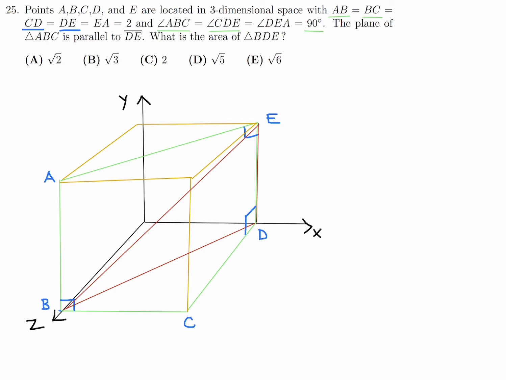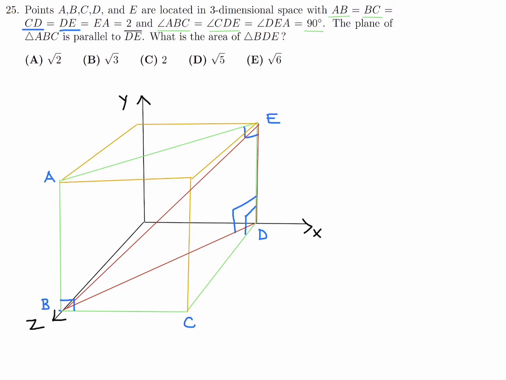Because I believe that this angle between here and here is a right angle, like that. Okay, don't get confused. I drew a line between B and D, and now I'm talking about this angle between this line and this line.